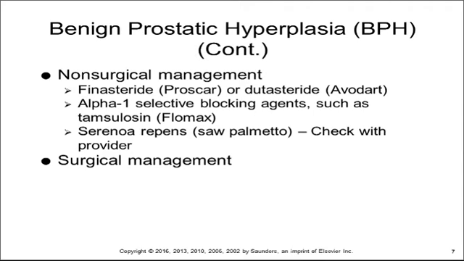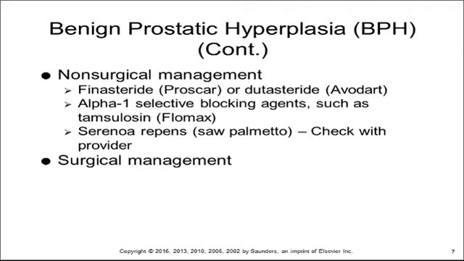Alpha 1 selective blocking agents are another type of medication that some physicians will use, and sometimes these drugs are used in combination with the 5-ARI drugs. Proscar and Avodart are examples of your 5-ARI medications, and Flomax is an example of your alpha 1 selective blocking agents.